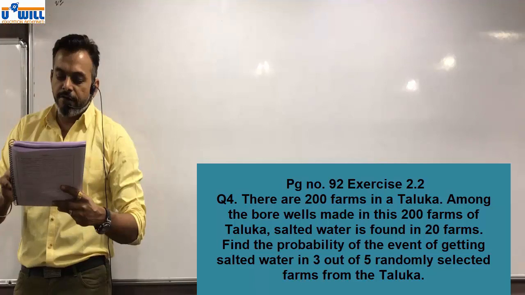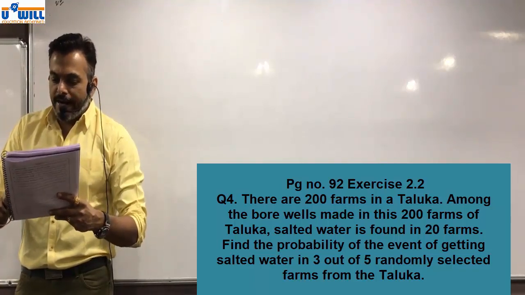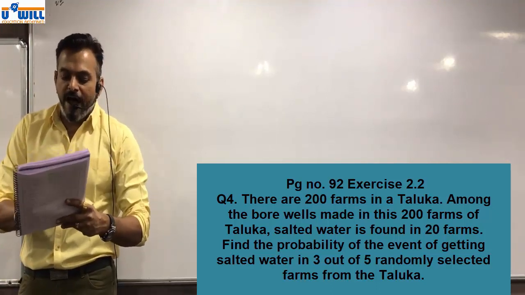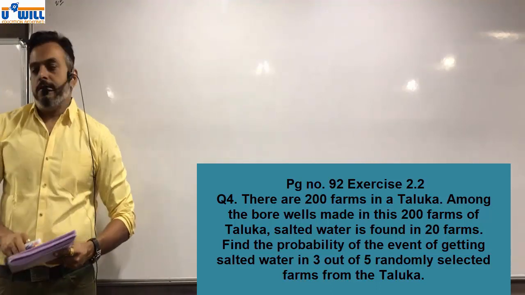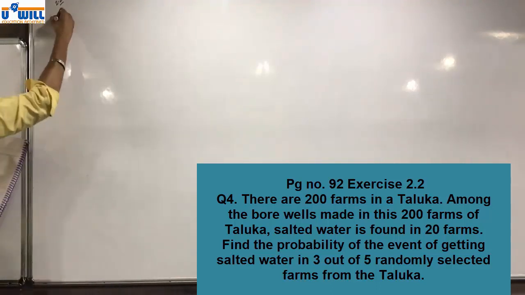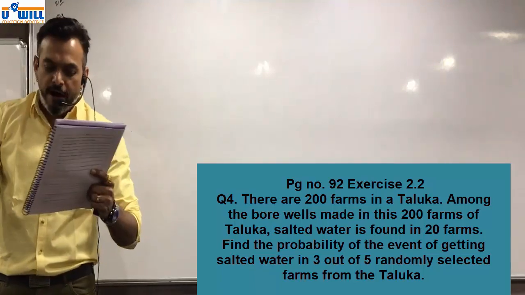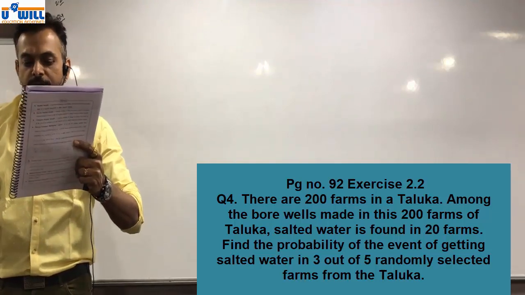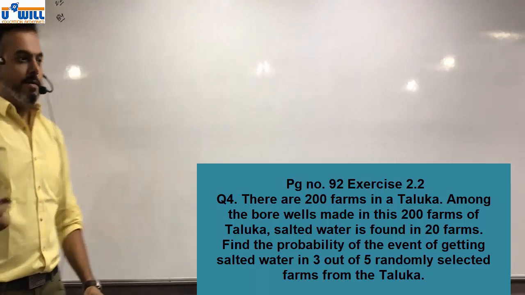Find the probability of the event of not getting salted water in 3 out of 5 randomly selected farms from the taluka.